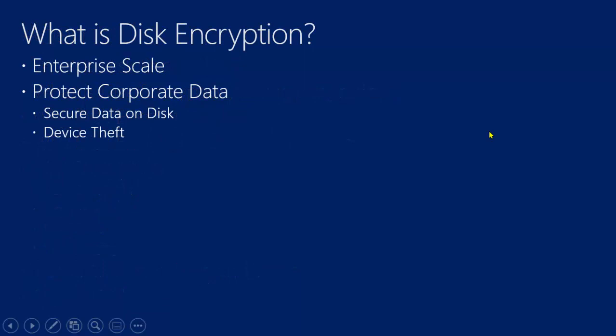All right, so jumping right in. So what is disk encryption? We likely all know what disk encryption is, but just to hit it real quick, it's the idea of taking a disk and the data on it and encrypting it in such a way that that is protected so that if you were to remove the hard drive, you couldn't just plug it into another machine and be able to access the data on that disk. It needs to be plugged into a system that is protected with disk encryption software.